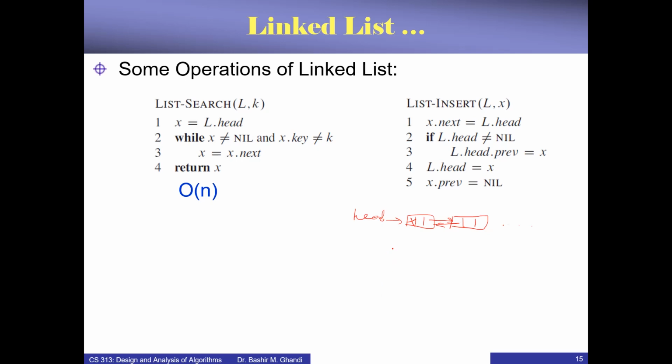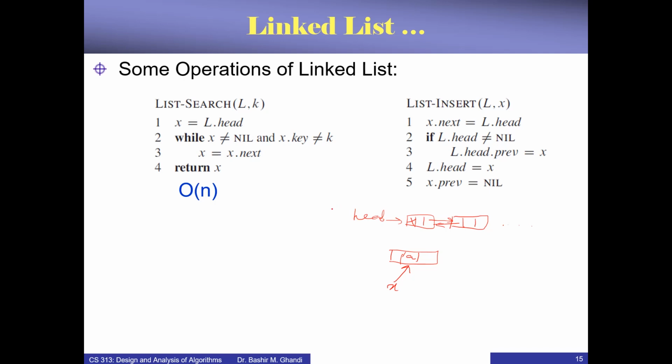So we come in with a node referenced by x. So x is pointing to this new node with some value. We don't care what the value is here. The question is, we want to insert this new node at the beginning of the list. So our method says x.next becomes l.head.